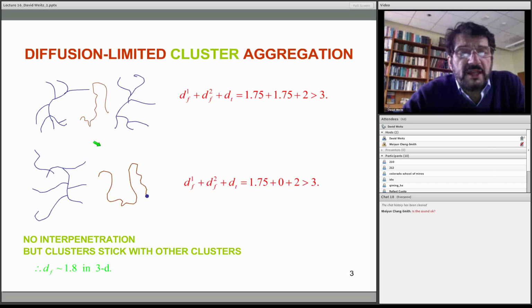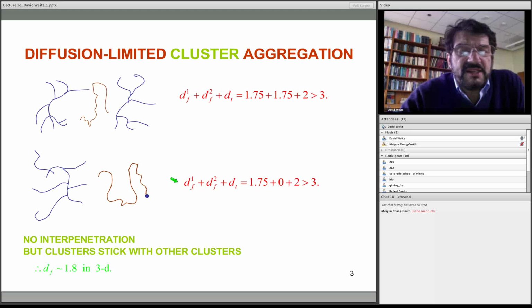You have 2 clusters that are the same size, or one cluster trying to aggregate with a very small cluster, and the limit of the small cluster is a monomer. So the fractal dimension of a monomer is 0. It has no dimension. So in this case, we have the fractal dimension of the first cluster, that's 1.75, the fractal dimension of the second, that's 0, and the fractal dimension of the trajectory, that's 2. That still is greater than the dimension of space.